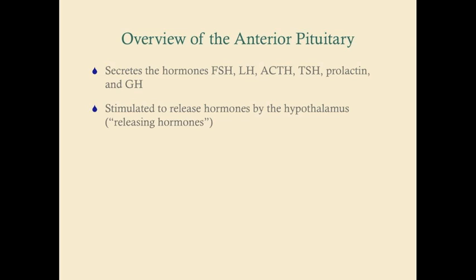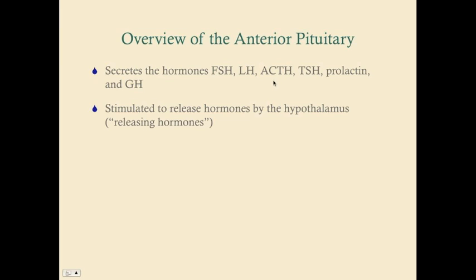So the anterior pituitary is stimulated to release the hormones that it has by the hypothalamus, and the hypothalamus secretes certain releasing hormones which correspond to each of the anterior pituitary hormones. So for FSH and LH, it's gonadotropin releasing hormone.